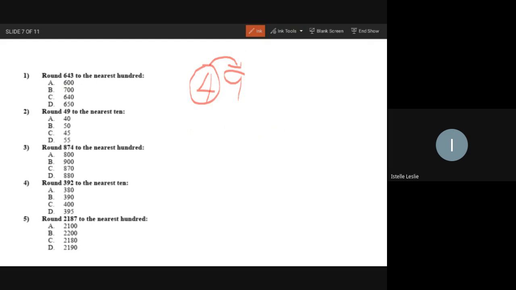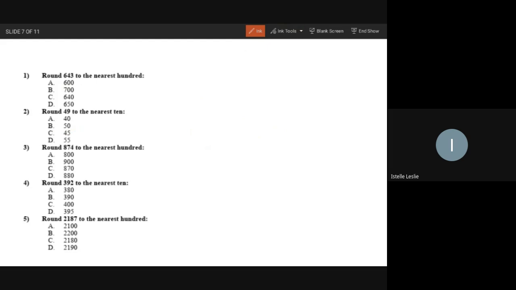Yes, it is even more than 5. So what do we do? We add 1 to this digit. So this becomes 5. And then what do we do to that number to the right? We replace it with 0. And so that gives us option B as the correct answer. Yes, thank you.